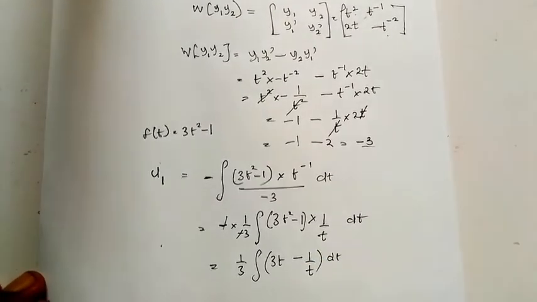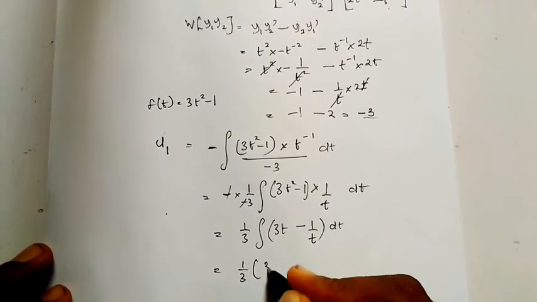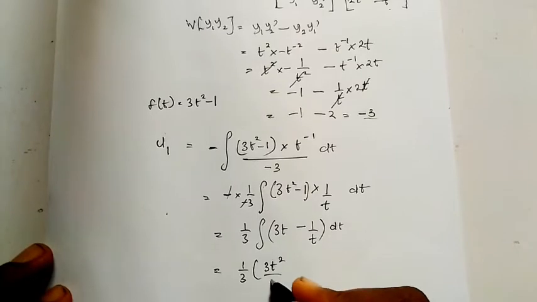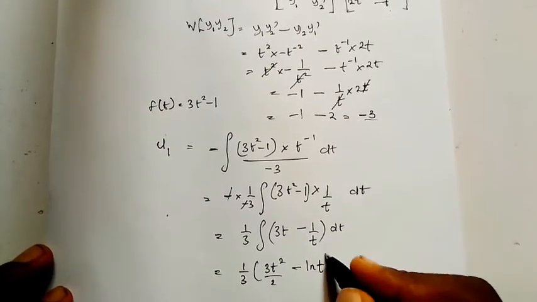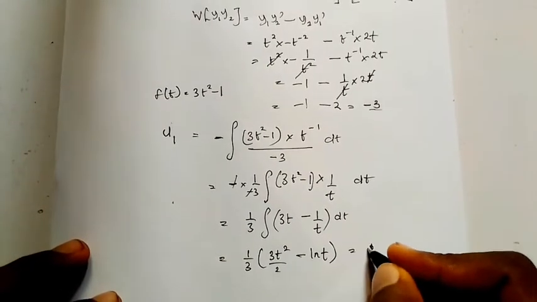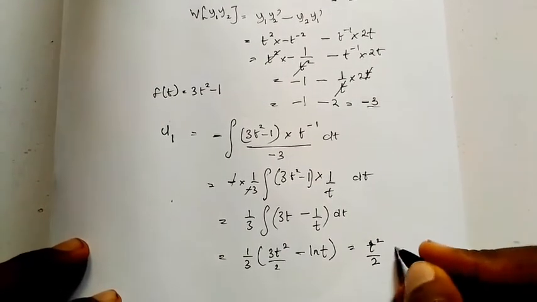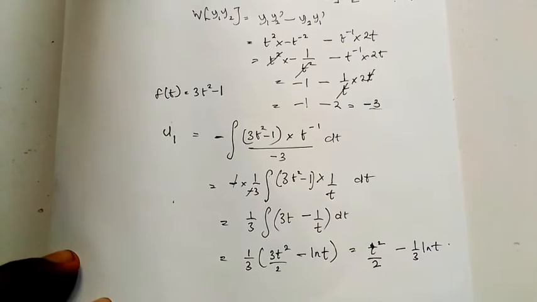So integrating this, we have 1 over 3 times 3t squared divided by 2, right, minus the ln of t. So multiplying through by 1 over 3, we have t raised to power 2 divided by 2 minus 1 over 3 ln t. So that is for u1.